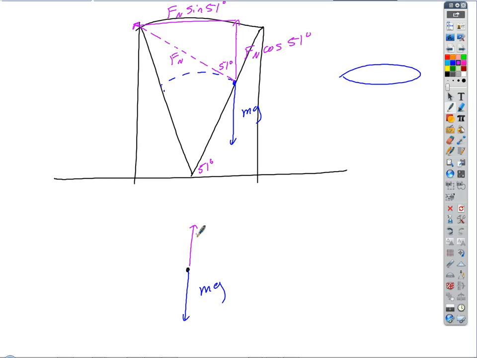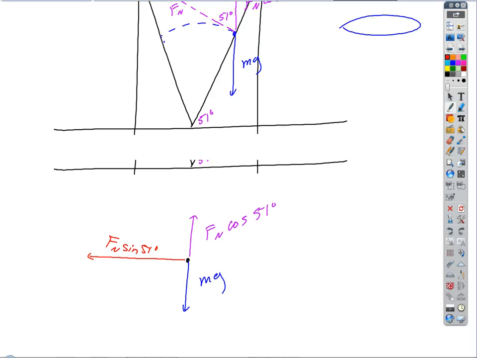Counteracting that, pointing up is normal force cosine theta. And then pointing to the inside towards the center of the circle, that's going to be my centripetal force, normal force sine 51, right? That's it, okay?